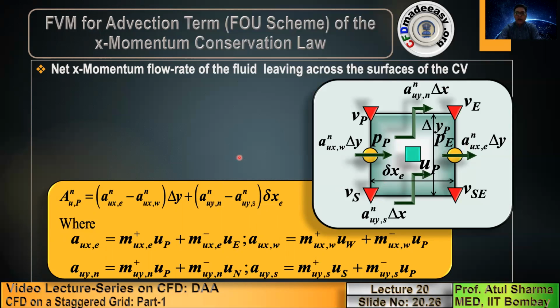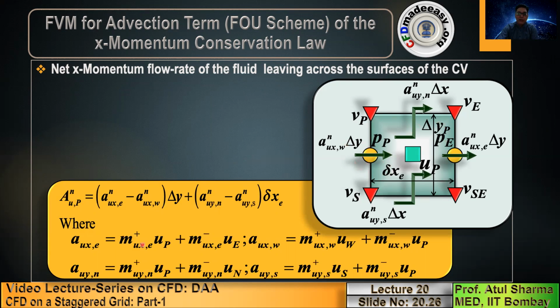You also need to know that you need the mass flow rate not only for mass conservation, but also for momentum conservation, because the momentum flow rate is the product of the mass flow rate and the u velocity. So for this control volume, to calculate the mass flow rate, you have to know the mass flux mx on the vertical surface and my on the horizontal surface.